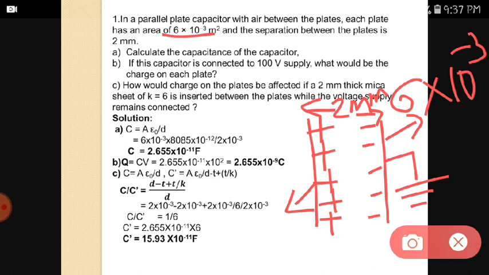So these things are given, and let us see what we are going to find out. Calculate the capacitance of the capacitor. A very easy question.